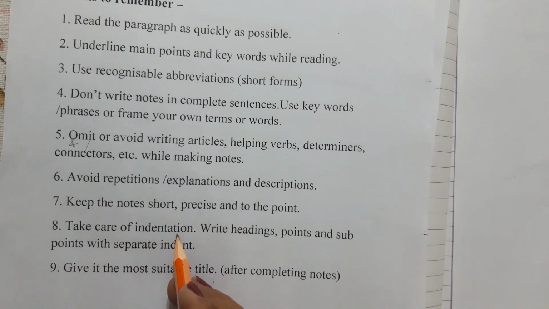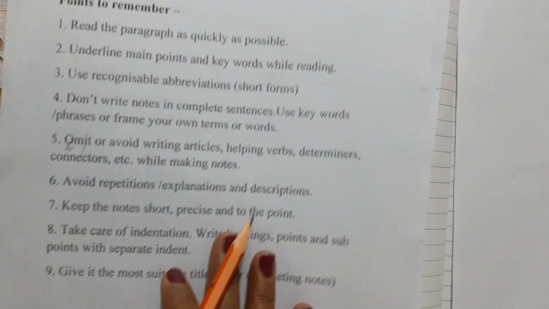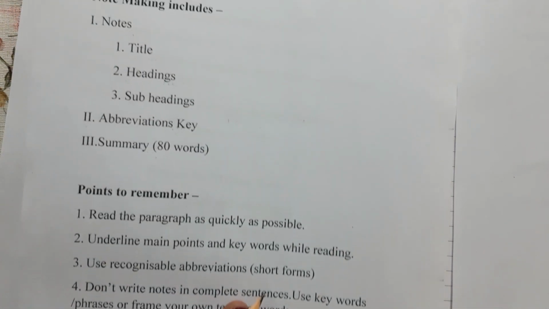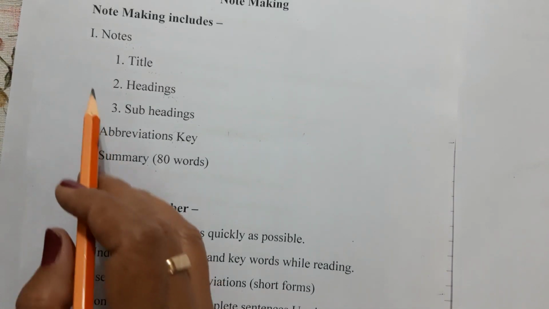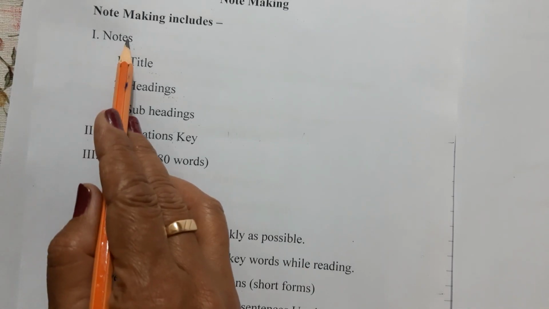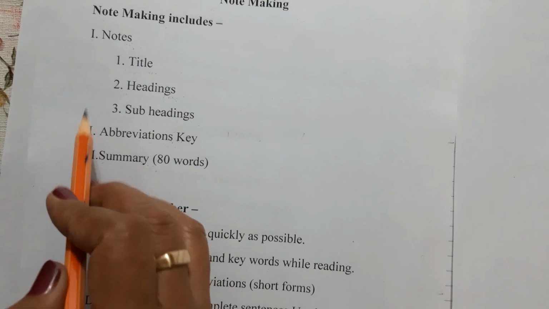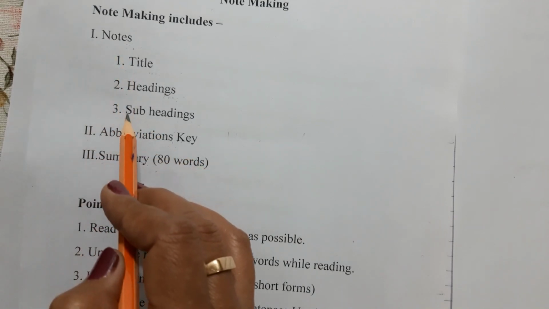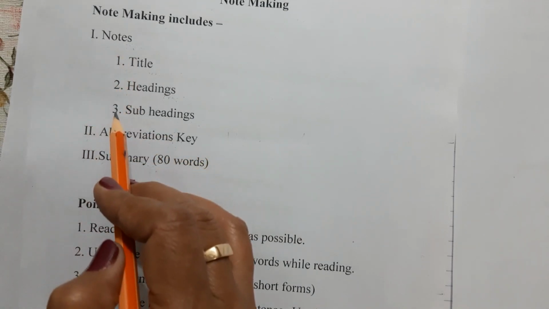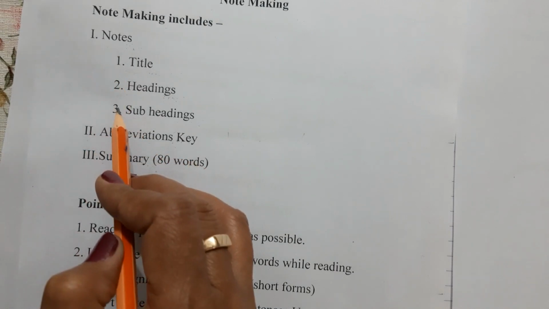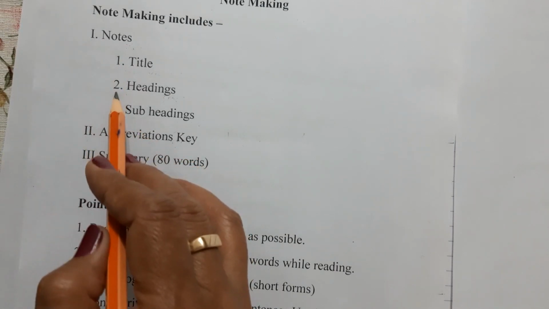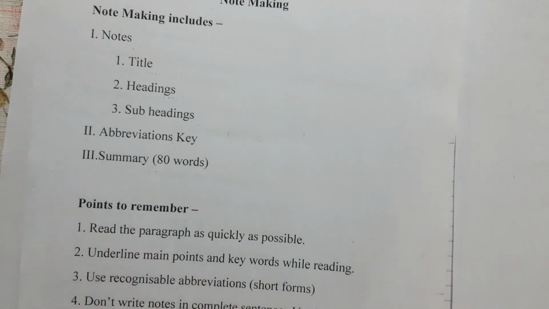We should take care of the indentation. When three separate things are written, they should be written with separate indentation. For example, notes I have written with one indent, and the things which are covered in notes I have written with separate indent. So this is called indentation, which we should take care of.